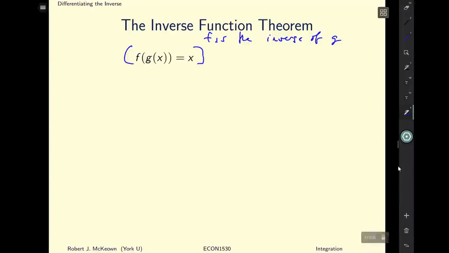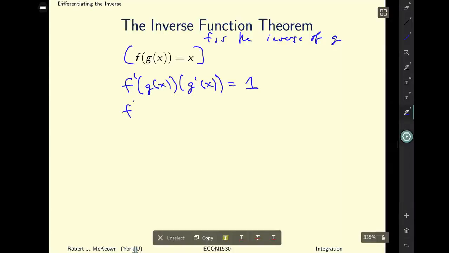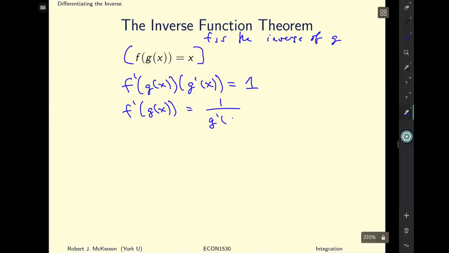If I take the derivative of both sides, I get the derivative of the outside, multiplied by the derivative of the inside, which is equal to 1. I can then write something like this: f prime of g of x is equal to 1 over g prime of x.